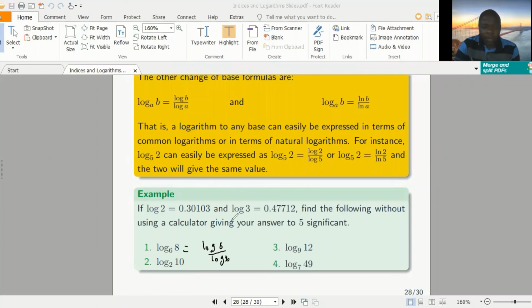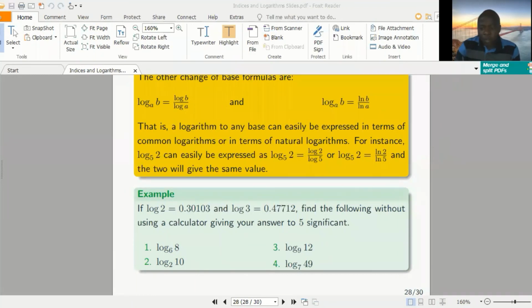Then I think of how to write 8 in terms of 2 or 3 or both, and how to write 6 in terms of 2 or 3 or both. Now, if these ones are missing, then you could use a calculator straight away and get the answer. But they've been given to us, so there's no need of using the calculator.